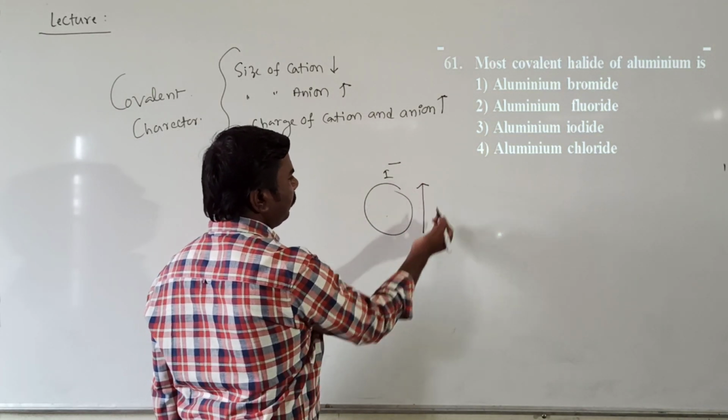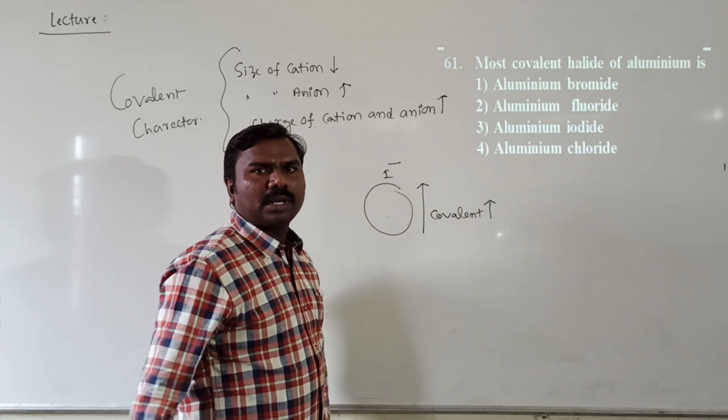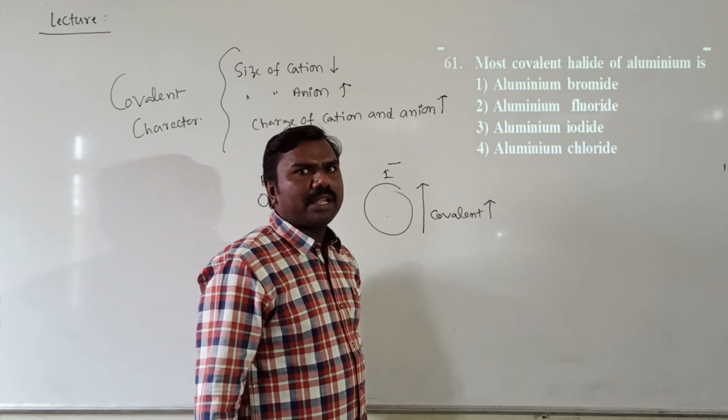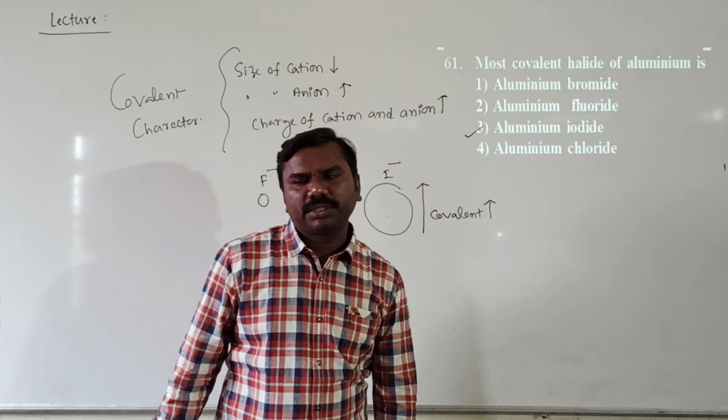The larger the anion, covalent character will be increased. Larger anion is iodide ion. That's why aluminium iodide is covalent. Next.